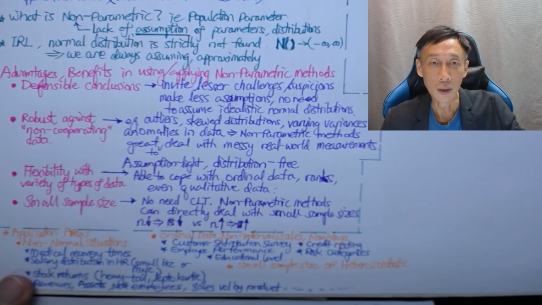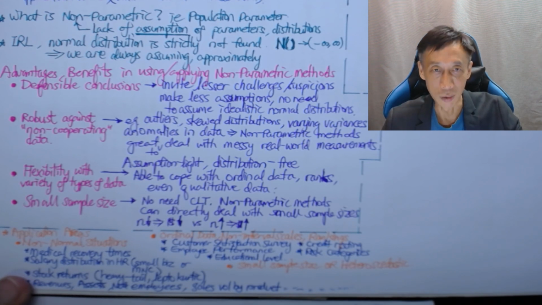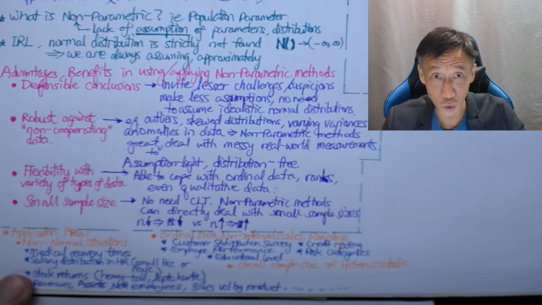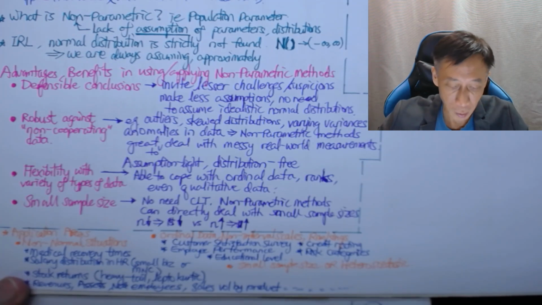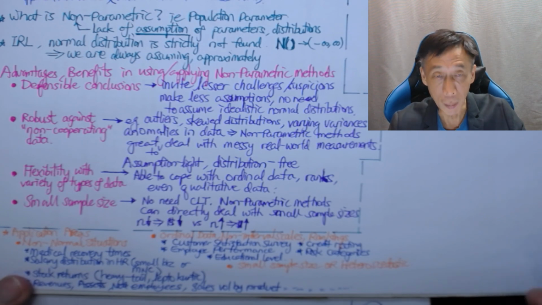So there's no good reason to make this assumption. In a way, ridiculous to make this assumption without proof, just assuming. So in this case, we want to consider non-parametric methods.